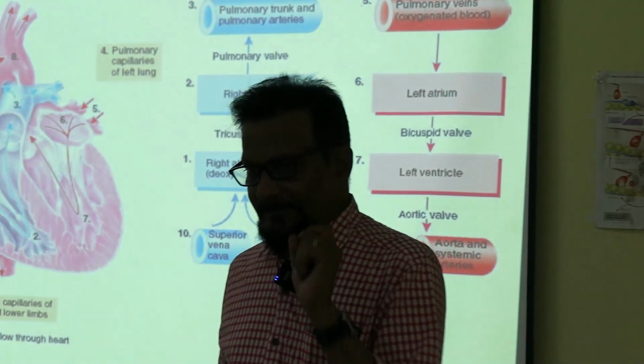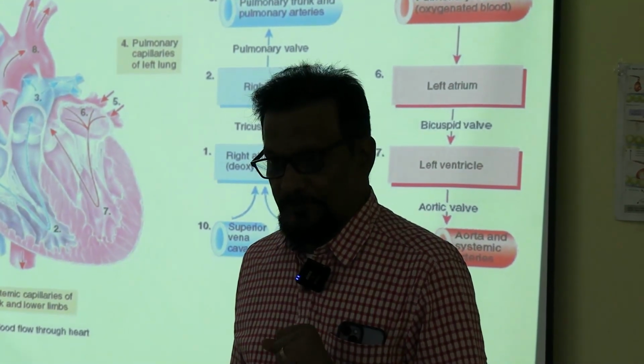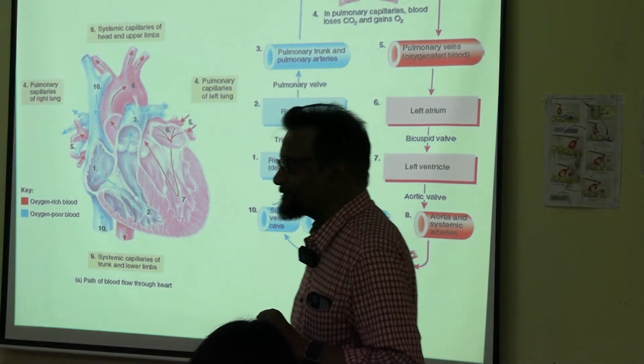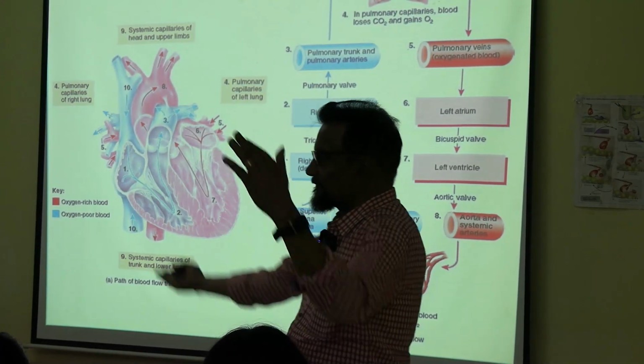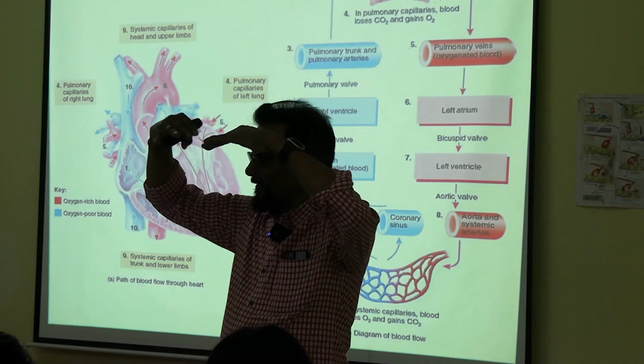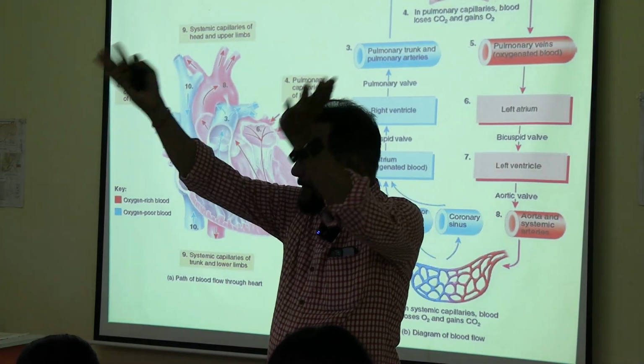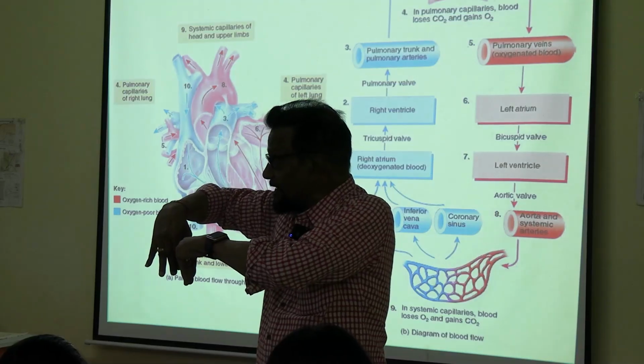Is there any sound like that, a fourth heart sound, or third and fourth heart sound? The AV valves opened. So 70% of blood will be entering into the ventricle.